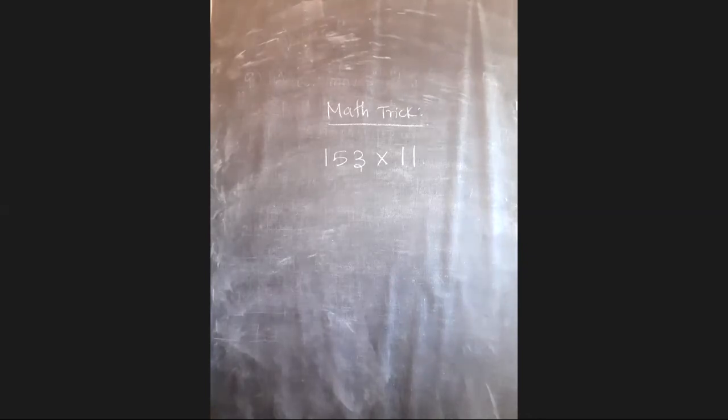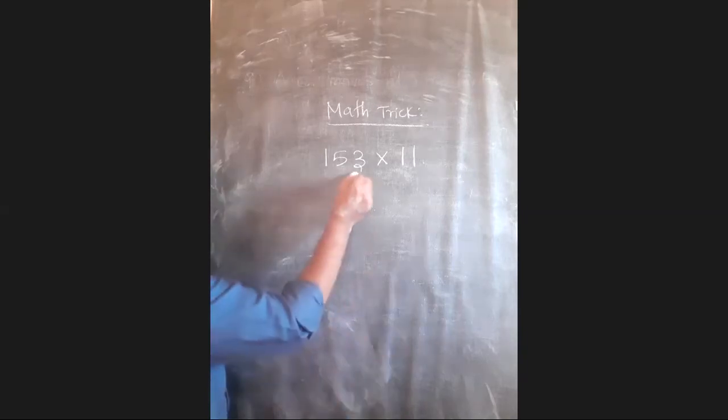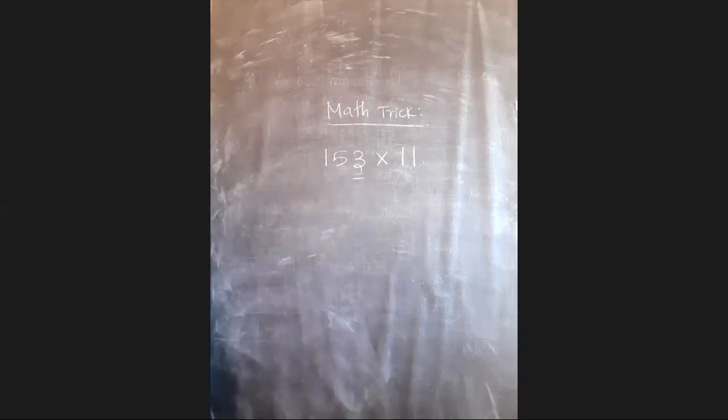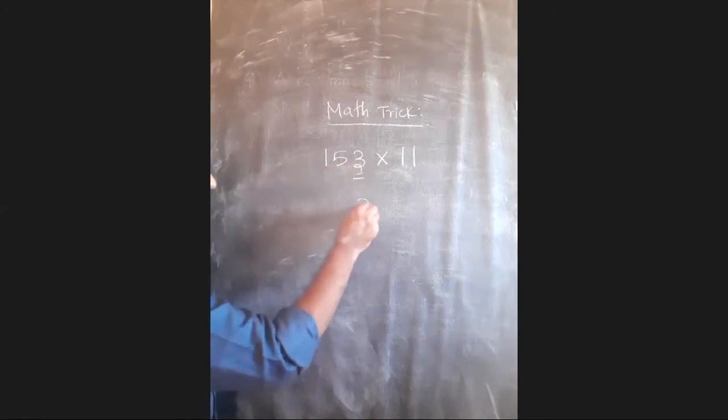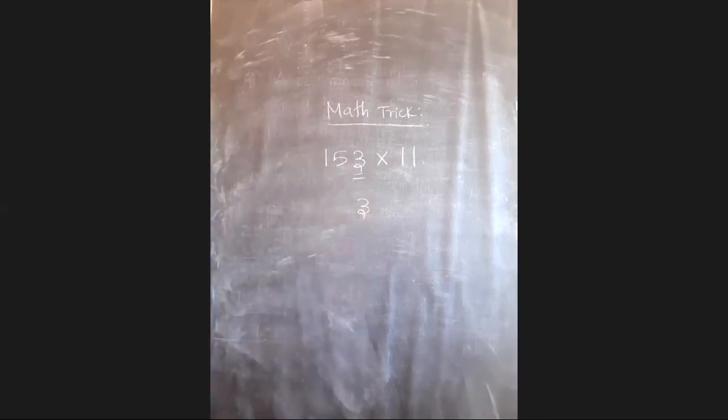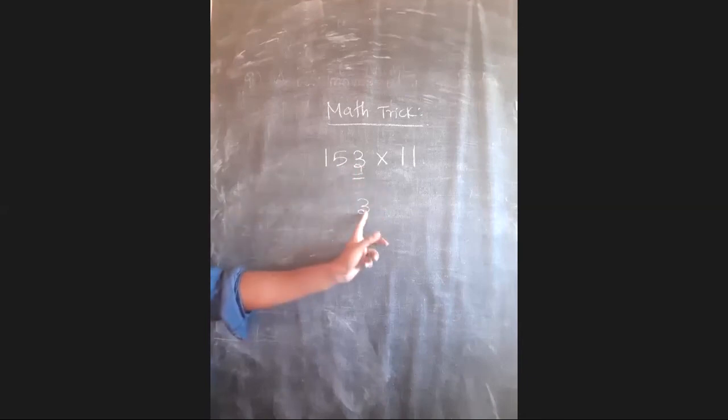Okay, I am going to teach you how to find the answer for any number multiplied with 11 in a tricky way. Step number 1, see the last number. Here 3 is there. Write the last digit as it is, no need to change it.